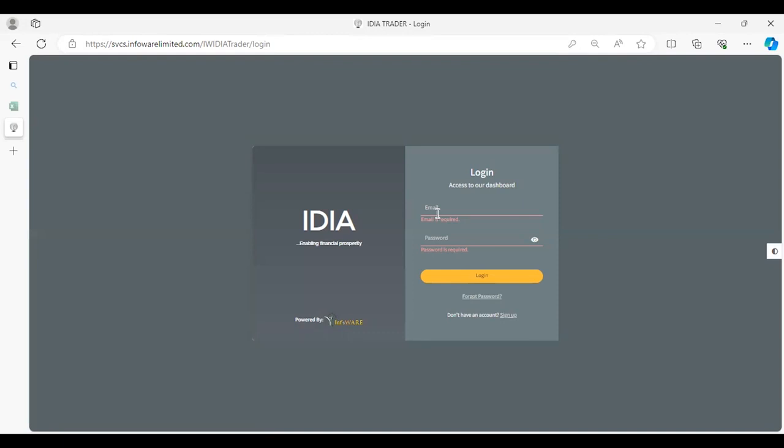We are going to step through the features of IDIA Trader and how you can execute seamlessly, because apart from doing your data analytics, you need to be able to trade seamlessly and make sure that your execution is as flawless as possible. IDIA Trader gives you all of this functionality. So in the next few minutes, I'll walk us through the setup.